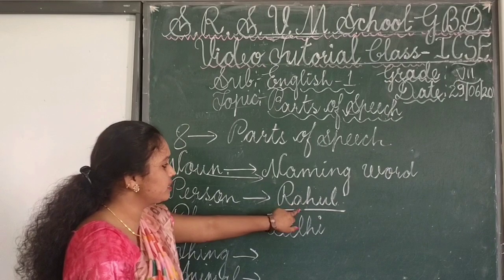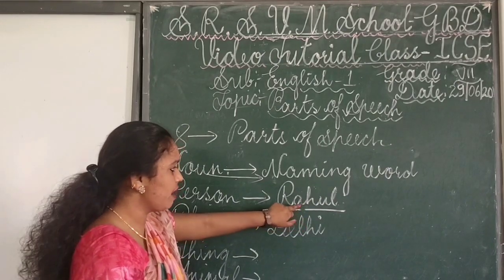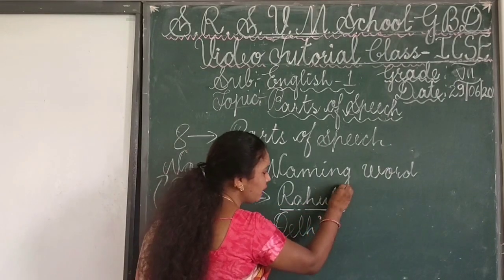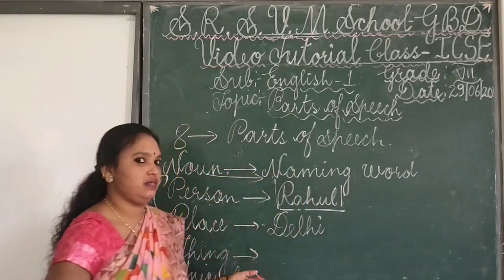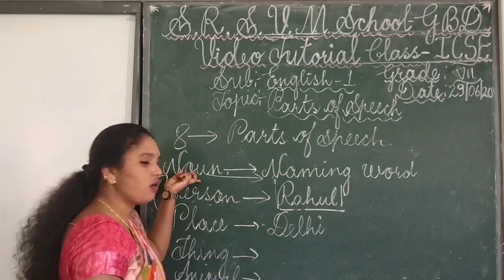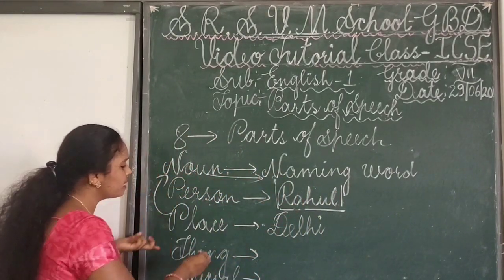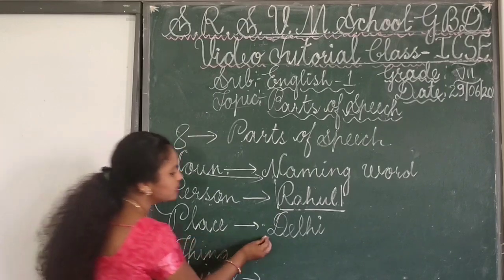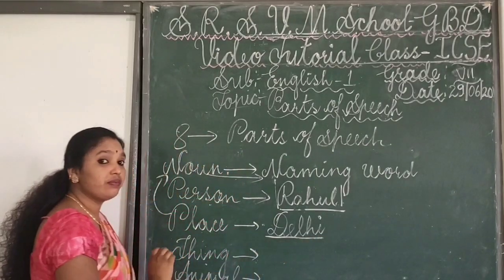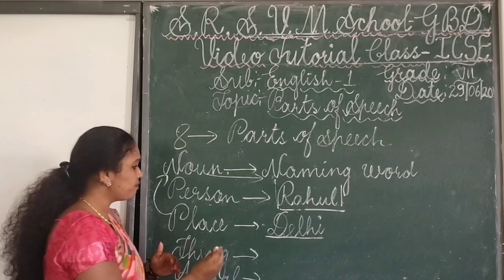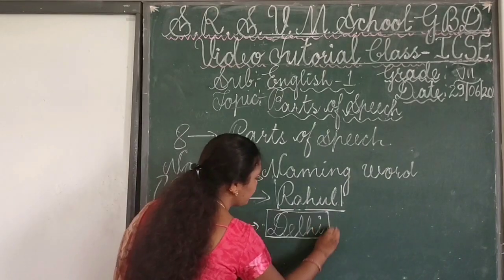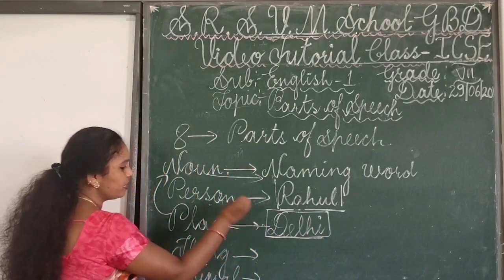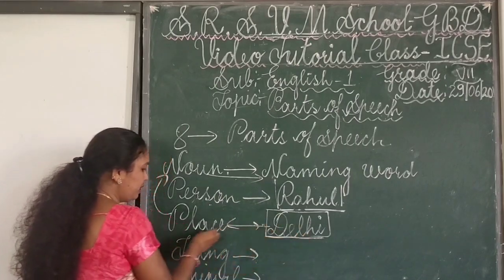Since he is a human and has life, we call him or her a person. So that means it is a noun. Next, when I say place, it is a location where we want to reach. Therefore, I use Delhi as a place. The word Delhi means a place.